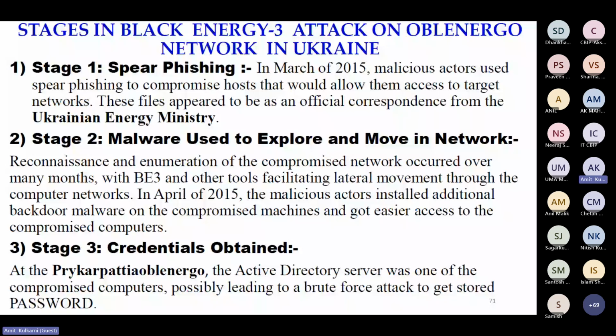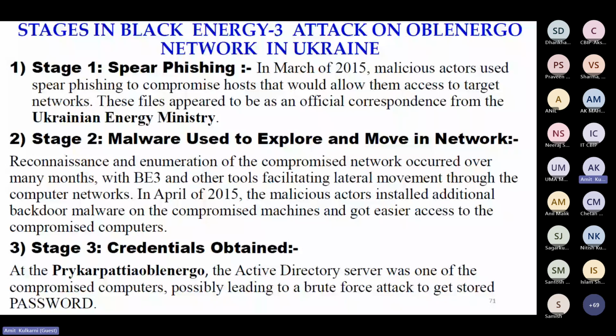People clicked it, and the moment it was clicked, the attacker got access to the system. Stage 2, the malware was used to explore and move into the network. So this BlackEnergy 3 malware had internal movement once it got root access into the network.